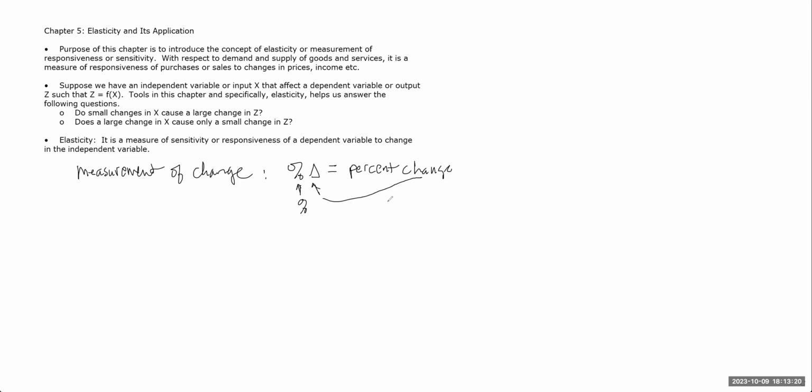The triangle, or delta, denotes change. So specifically, the elasticity of z, the dependent variable, to changes in x is equal to the responsiveness of z to x, or percent change in z divided by percent change in x.